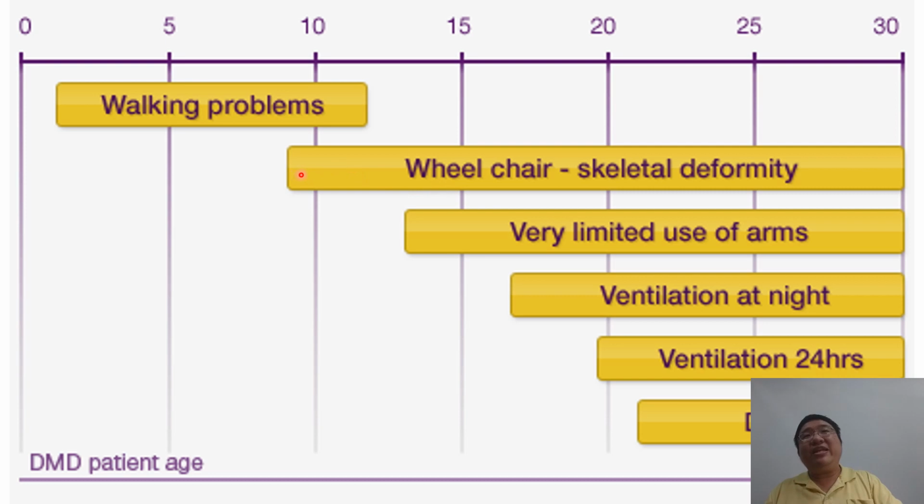And then later on, they will have limited use of arms. They will depend on ventilation at night, and then totally depend on ventilation all the time. And then up to the age of 30, most of them will die. So it is so sad.